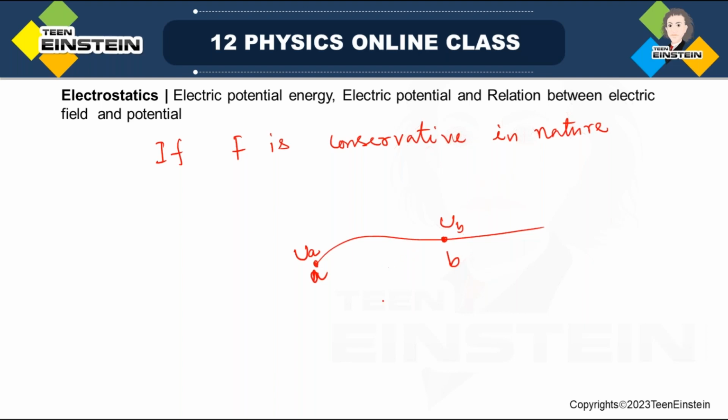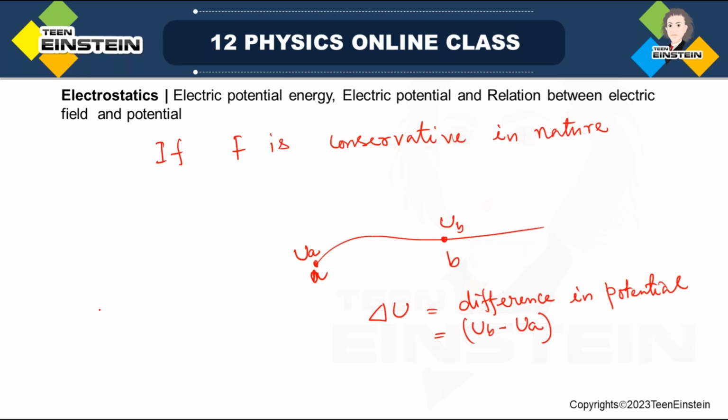So what is the difference in the potential between these 2 points? Difference in potential is ub minus ua. This difference in potential could be related or correlated to work done.